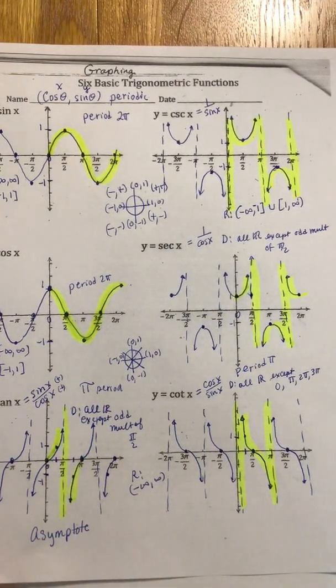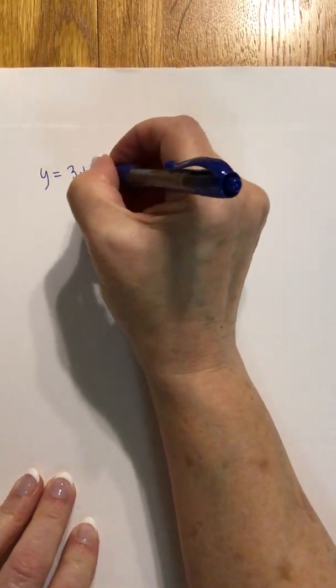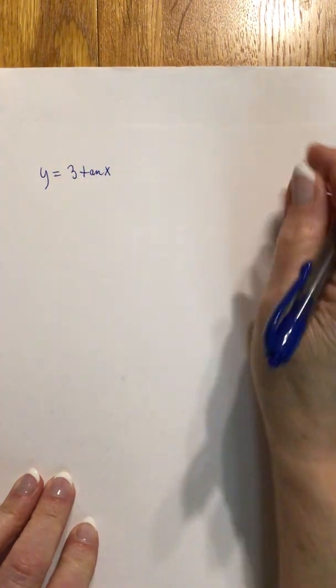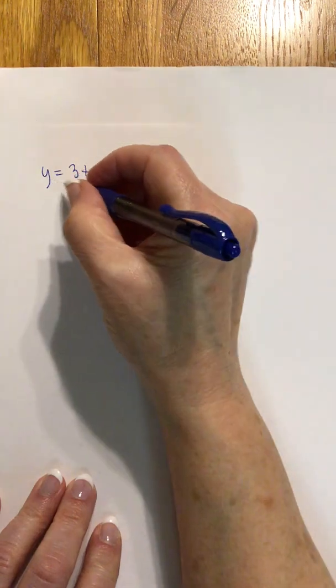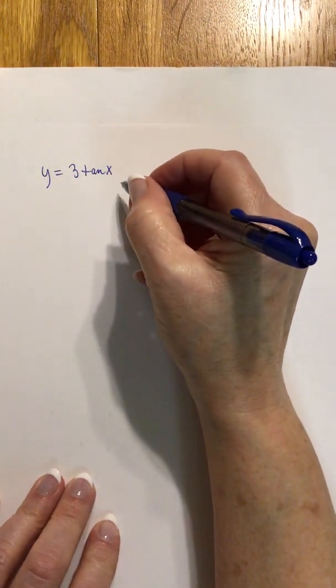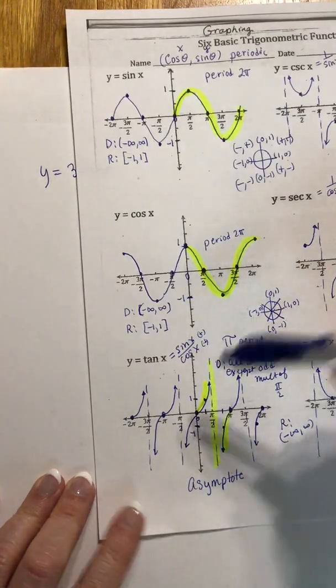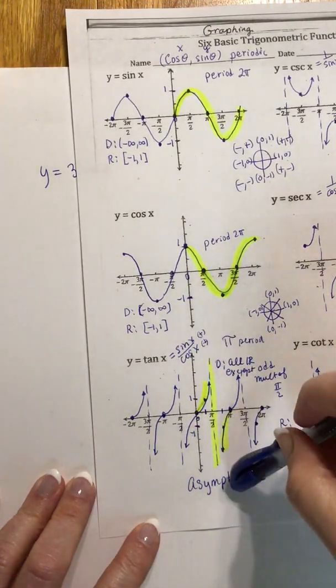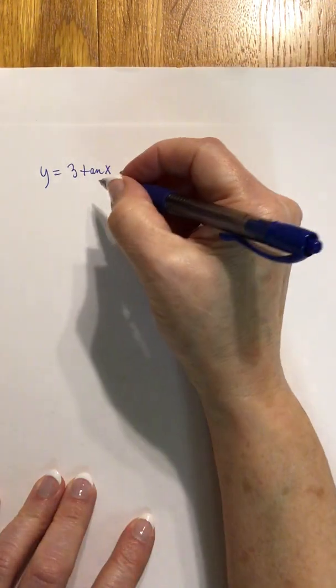Okay, so now that you've got that caught up, we're going to see about drawing some other graphs that have transformations. So we're going to graph y equals 3 tangent x. Now again, this is my A, but A is on amplitude because tangent, you can see how tangent doesn't have a high point. It's going to go up there forever and down forever. So we have a different way of looking at the A for the tangent.